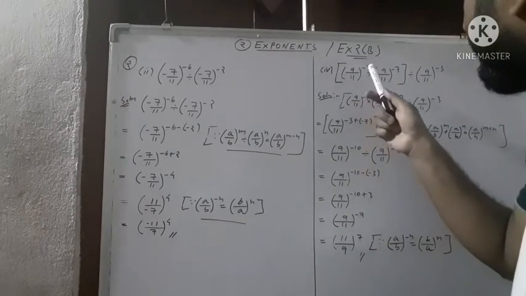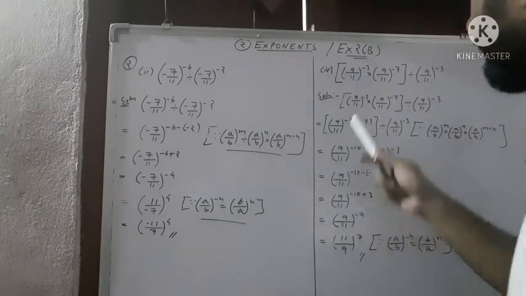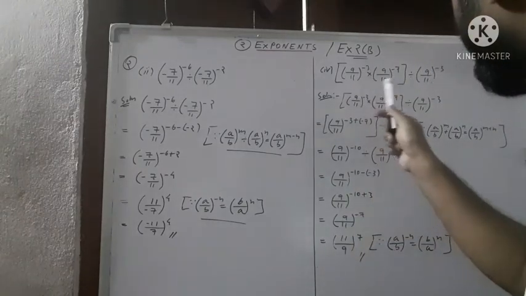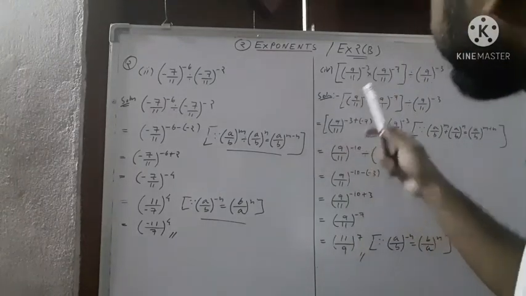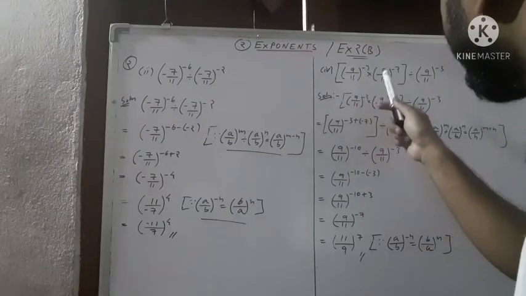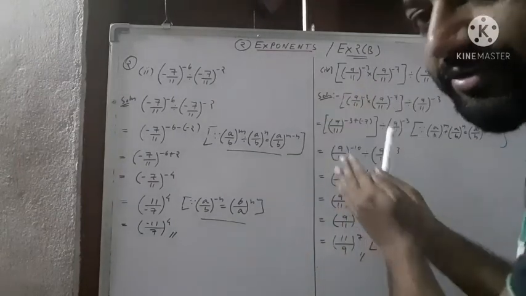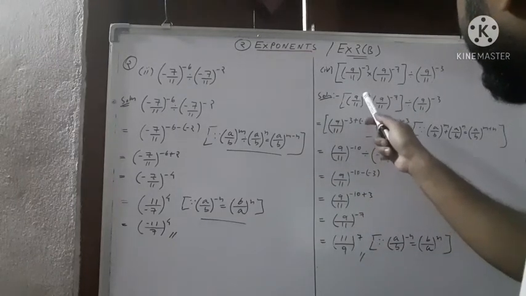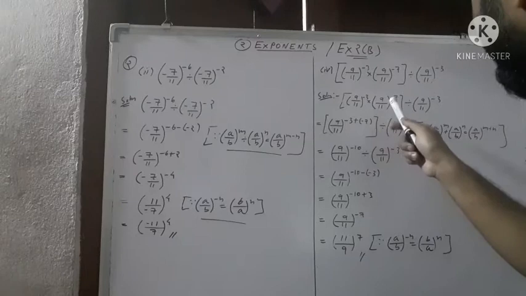Only the exponents are different. According to the BODMAS rule, first we have to do whatever is given inside the bracket. As you can see, these two numbers are multiplied: 9 by 11 to the minus 3 into 9 by 11 to the minus 7.